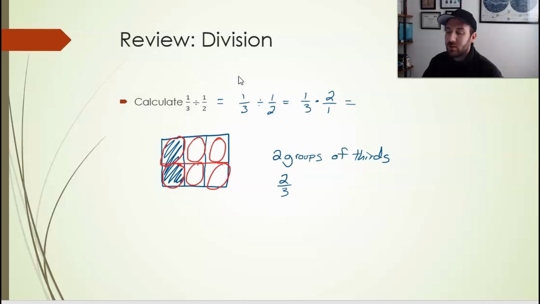So 1/3 divided by a half is the same as 1/3 times 2/1, because I am doubling each of those pieces by considering groups that are half the size, and that's what gets me 2/3. So 1/3 divided by a half is 2/3, because we are literally taking a picture and we are dividing it into groups using a quantity that is smaller than what we started with.